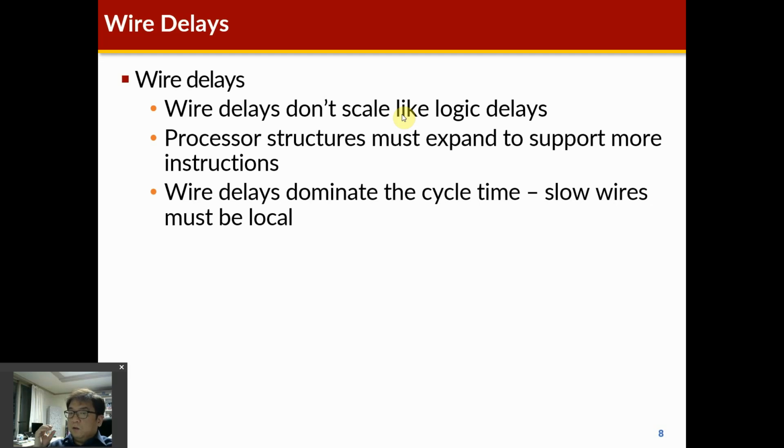Also we need to use very thick metal wires for global interconnections, which require very short delay. We also use thinner wires, which have a long delay, for very local connections between local CMOS logic devices.